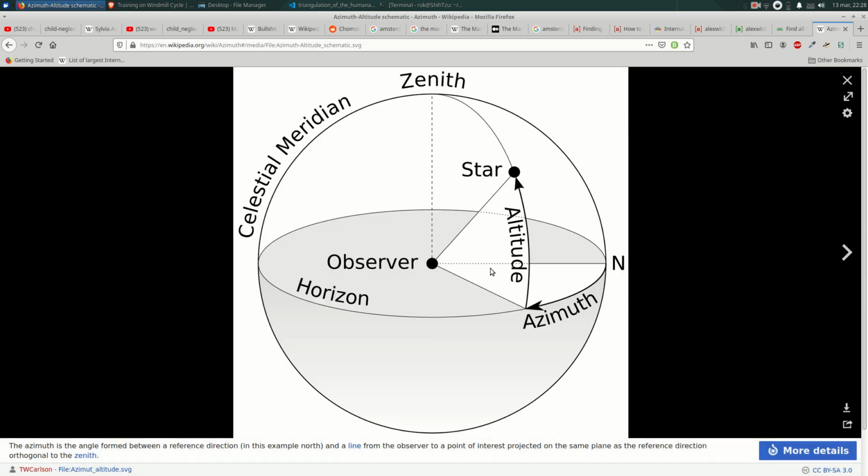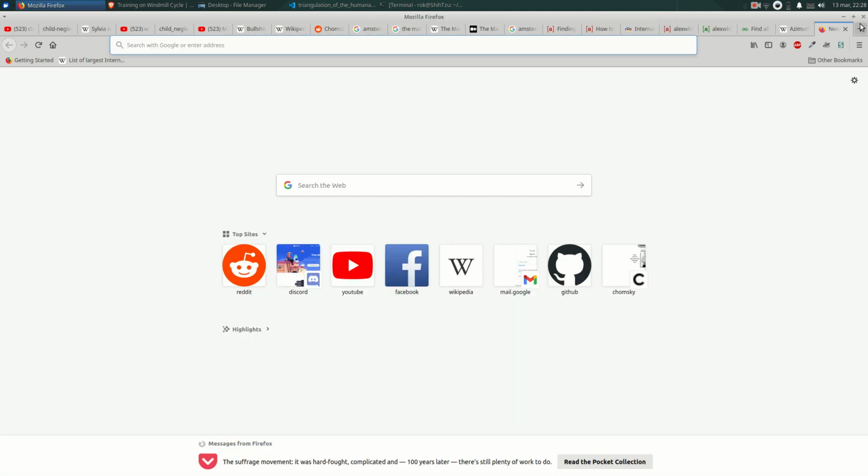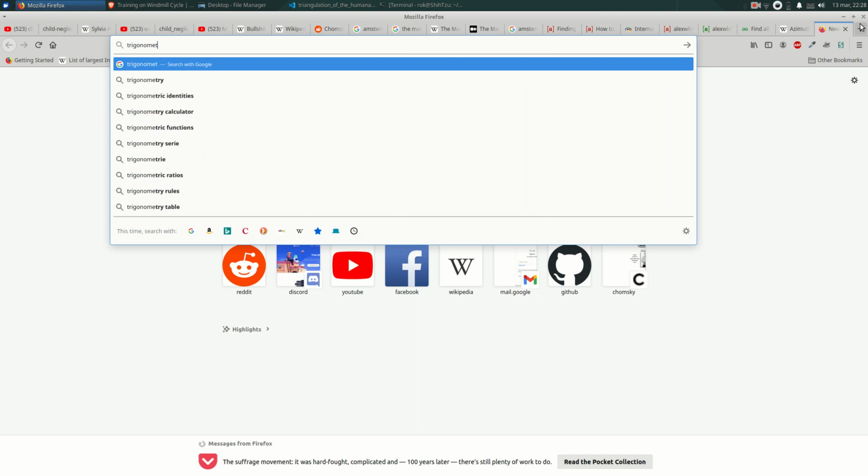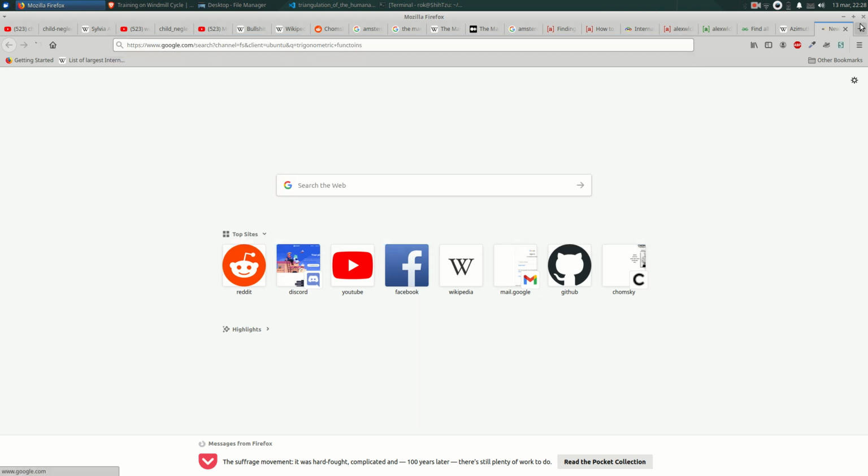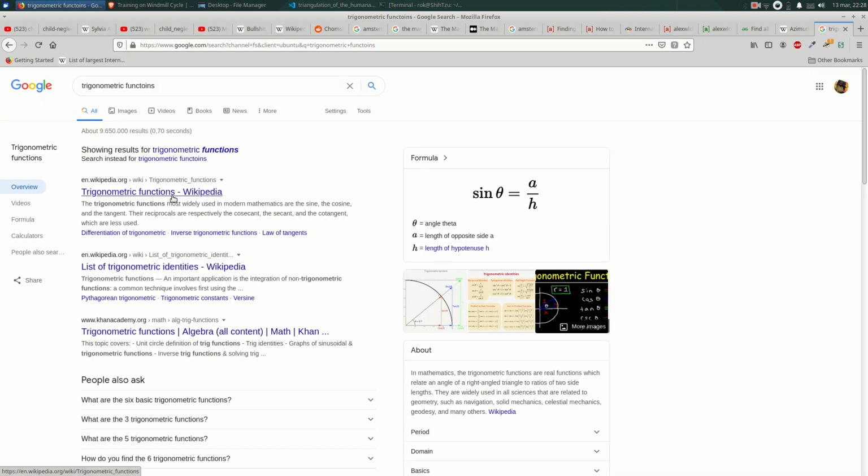So if this is the y-axis, it's switched. If we look at that, we must recognize this angle and this ABC thing going on. We need to find the A. So I think we only need the trigonometric functions, angle theta.